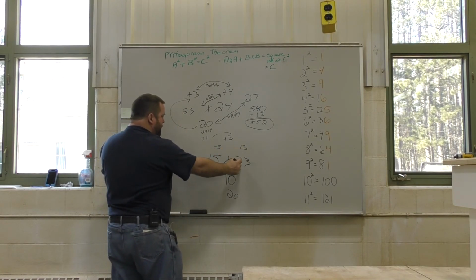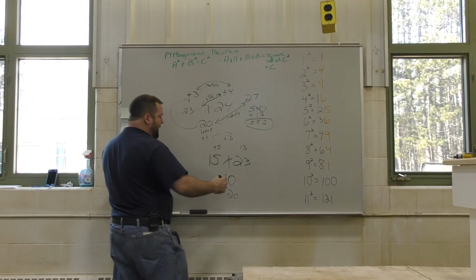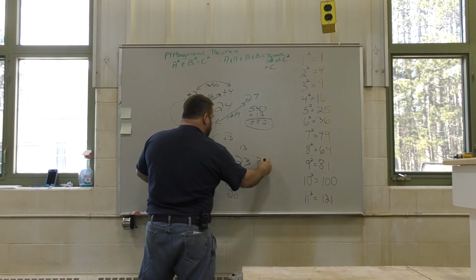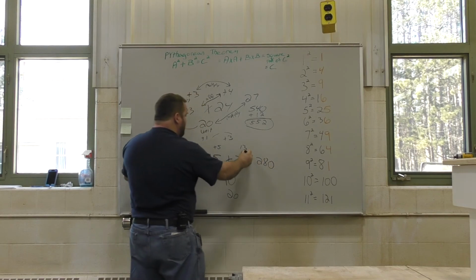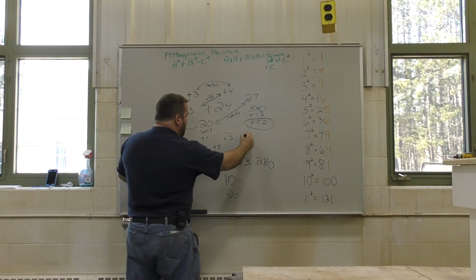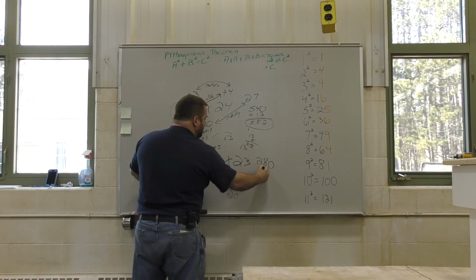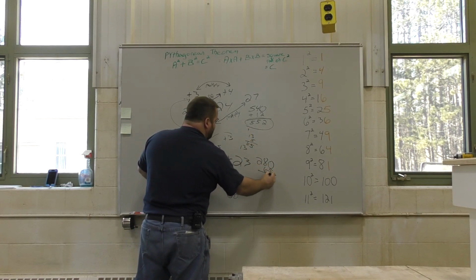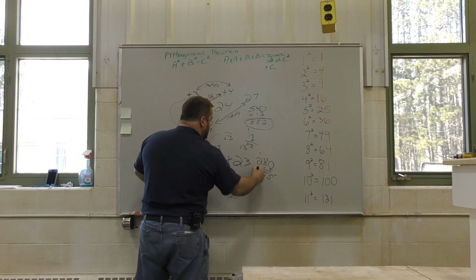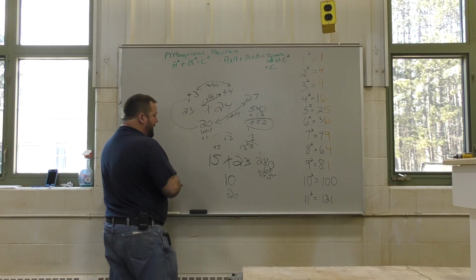Add those together. 23 plus 5 is 28. Times 10 is 280. 13 times 5 is 65. So you're adding 65.